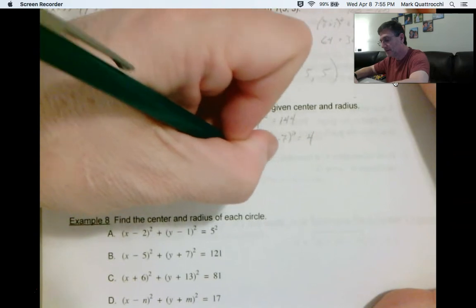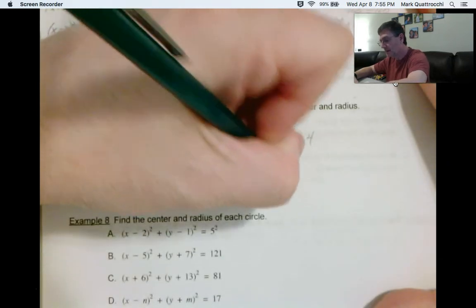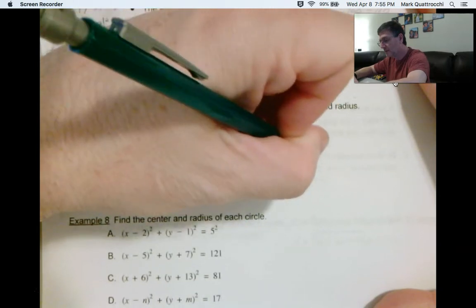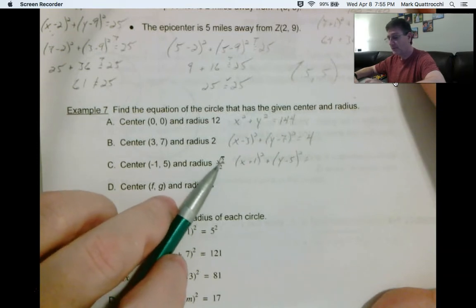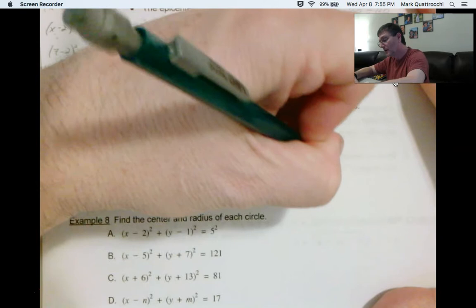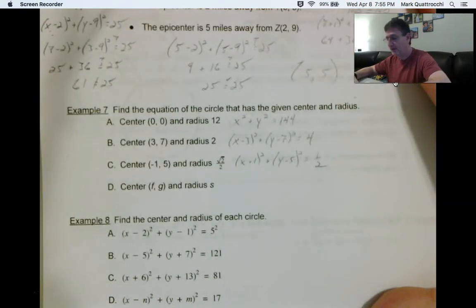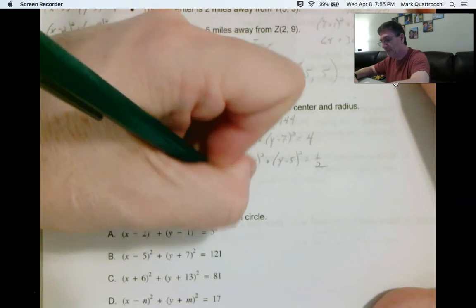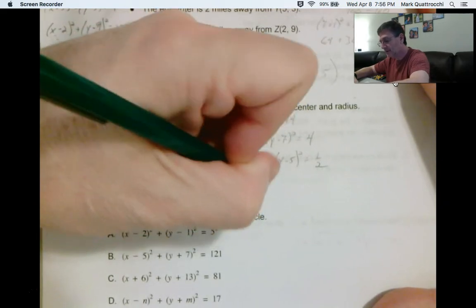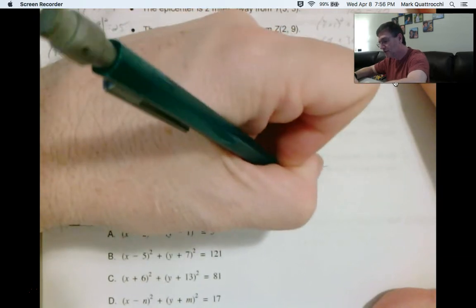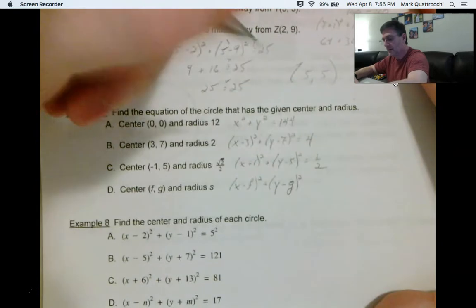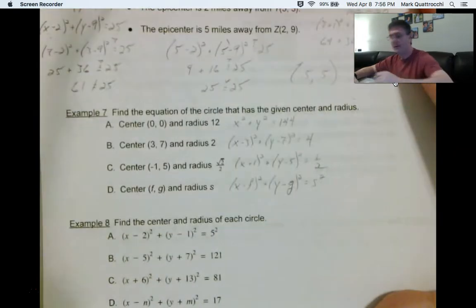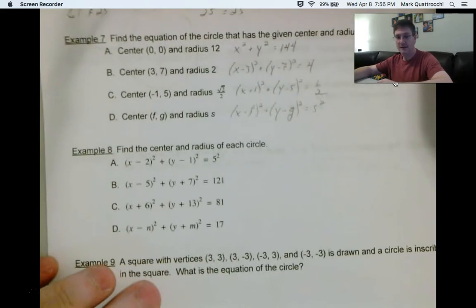Part C, x plus 1 squared plus y minus 5 squared equals square root of 2 over 2 squared, which is going to be 2 over 4, or 1/2, 0.5. Part D, x minus f squared plus y minus g squared equals s squared.